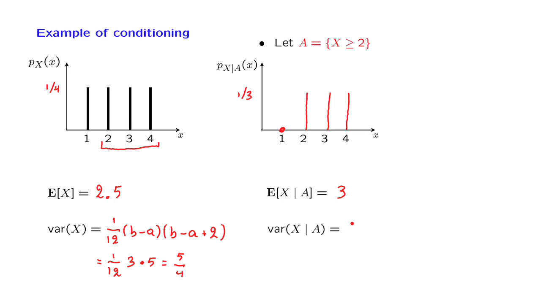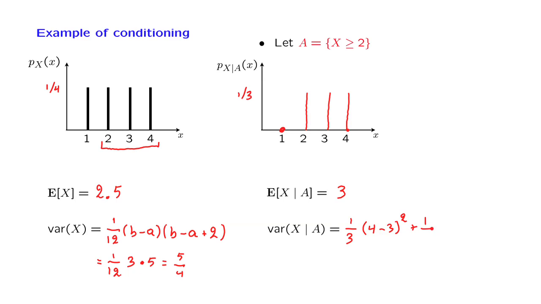So the variance is the expected value of the squared distance from the mean. So with probability 1/3, our random variable will take a value of 4, which is 1 unit apart from the mean, or more explicitly, we have this term.